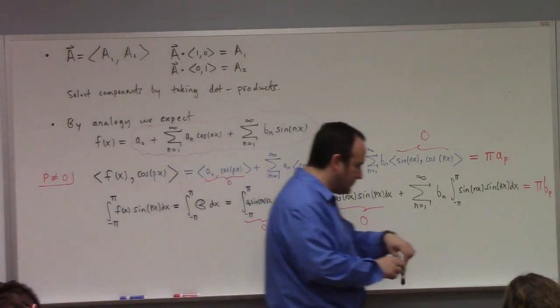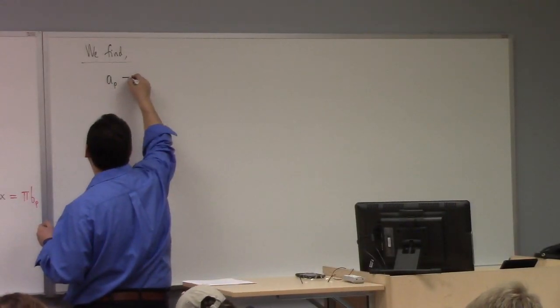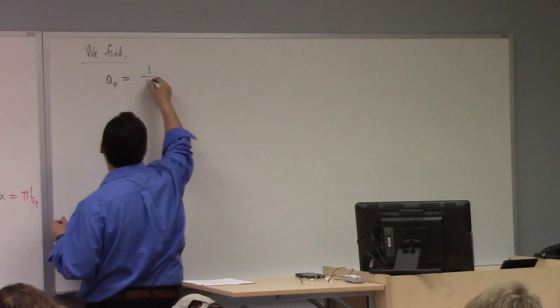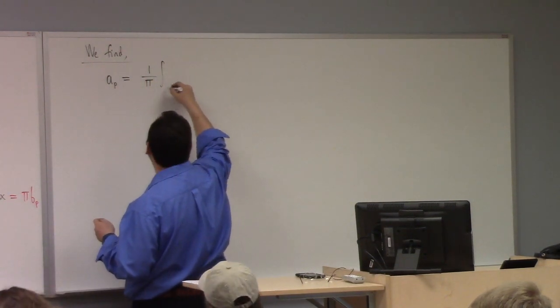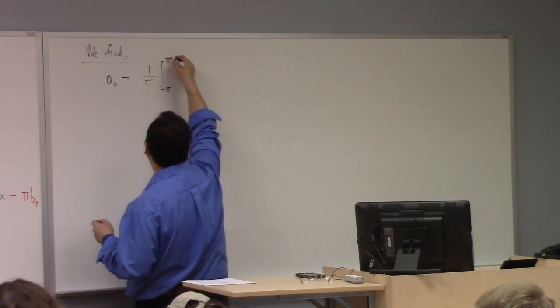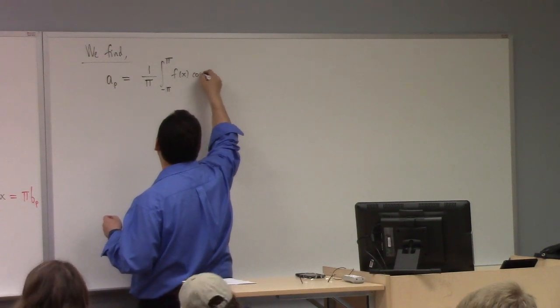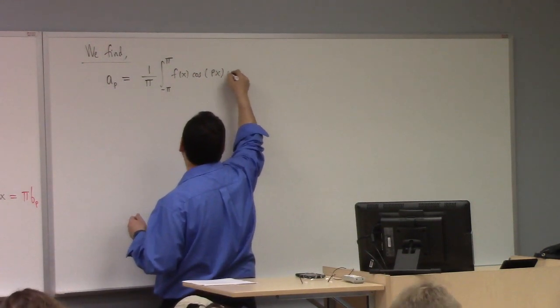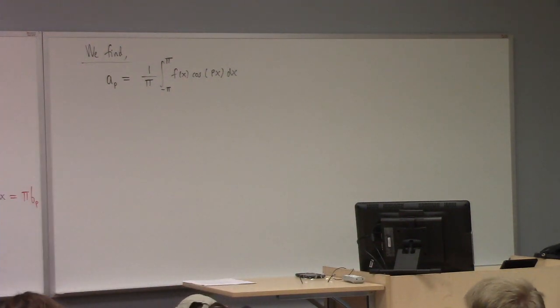So in summary, we find that the formula is a sub p equal to 1 over pi, the integral from minus pi to pi of f of x cosine of px dx. That's what we just worked out.